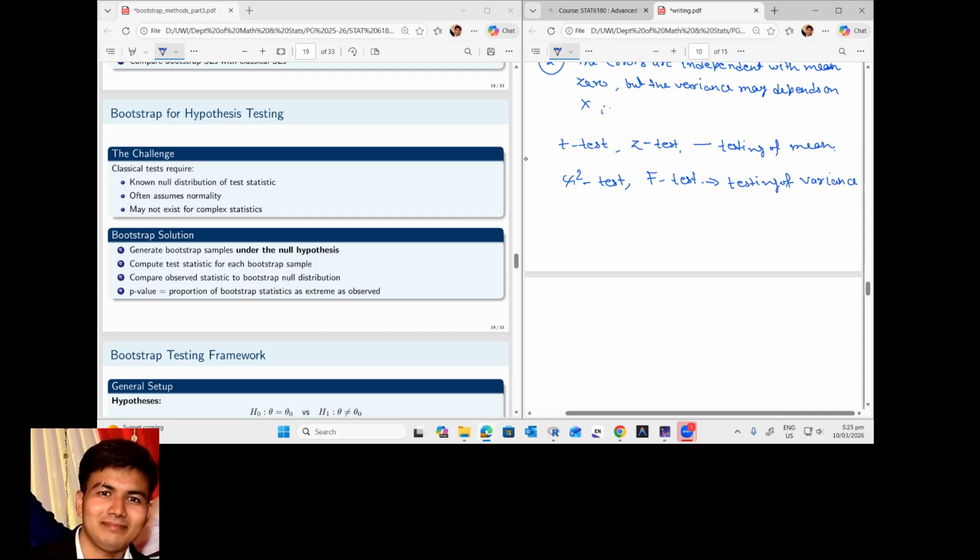Did you study any test statistic for testing the median, the correlation, the standard error, the mode, or the ratio?